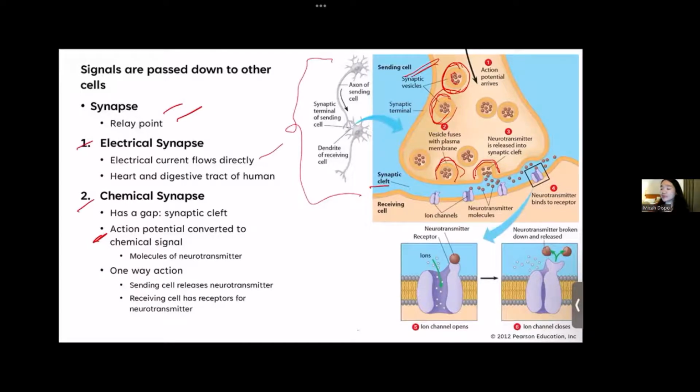And then through exocytosis, these vesicles will release your neurotransmitters into the gap or into the synaptic cleft. All right, ito yun. So through exocytosis, the vesicles release your neurotransmitters into our synaptic cleft.